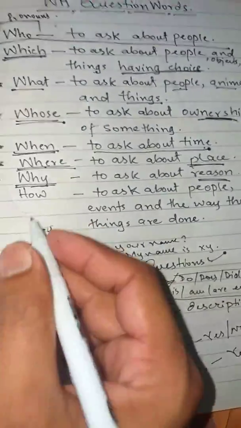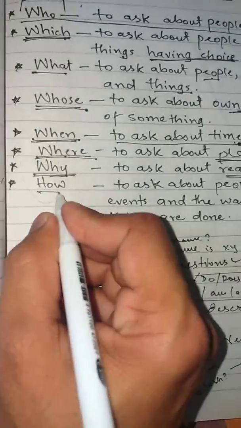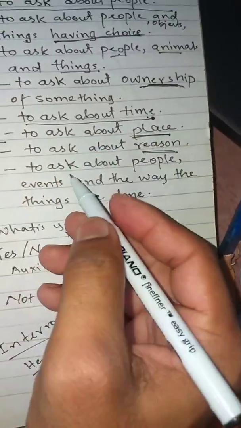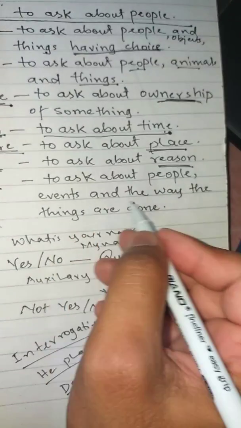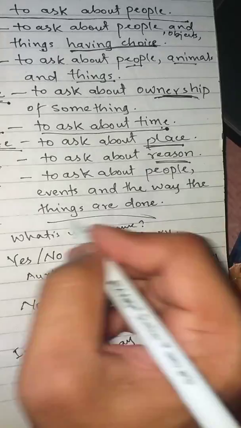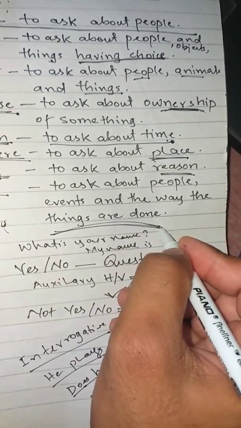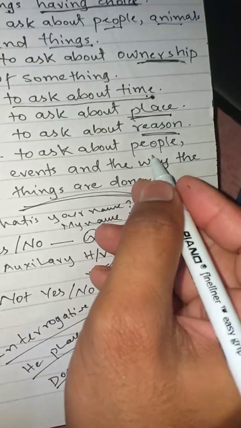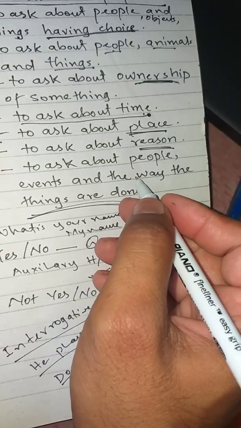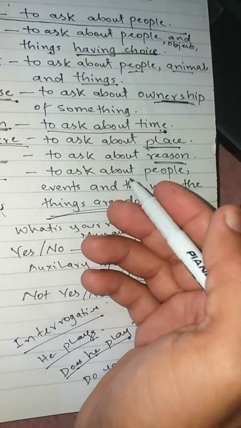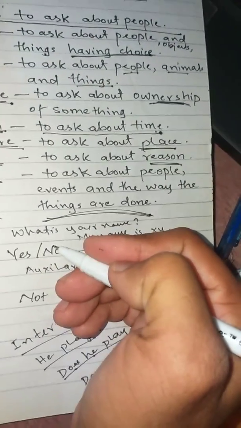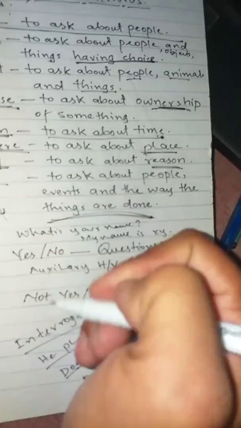And the last word of the WH is "how". Now this "how" is used to ask about the people, the events, and the way the things are done. Okay, now "how" is asked for the people. For example, if we want to know the condition of someone, we can say "how are you", "how do you do", "how was your journey".